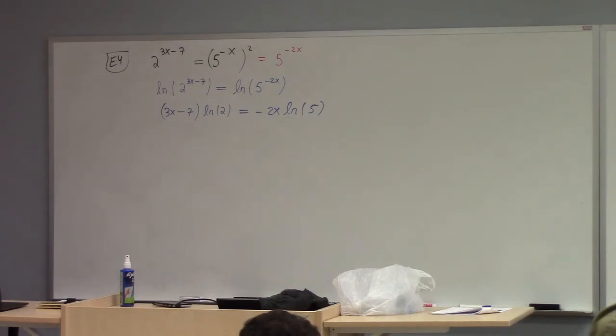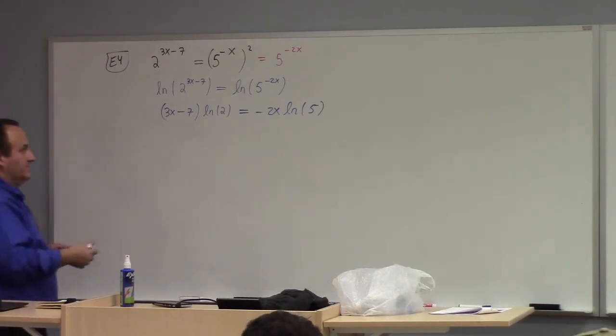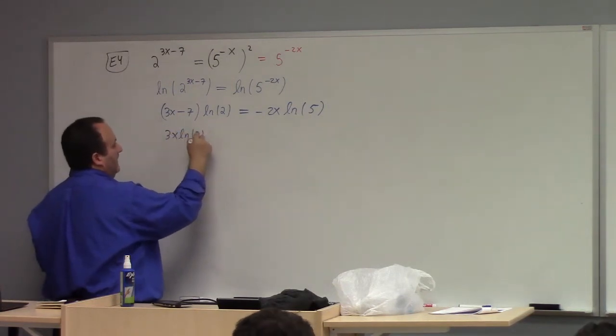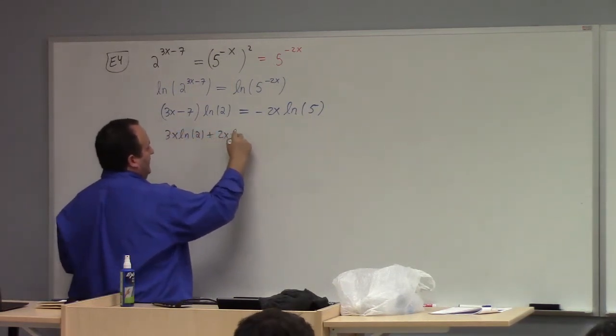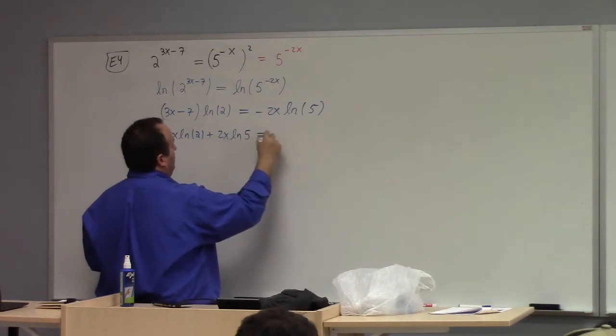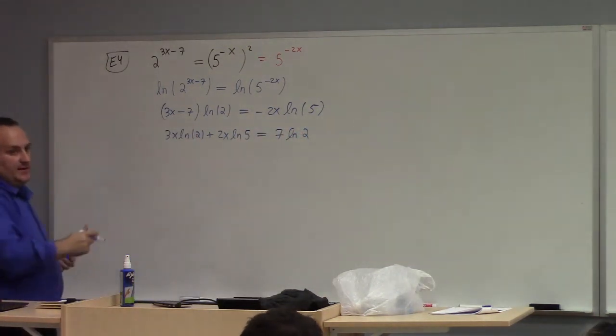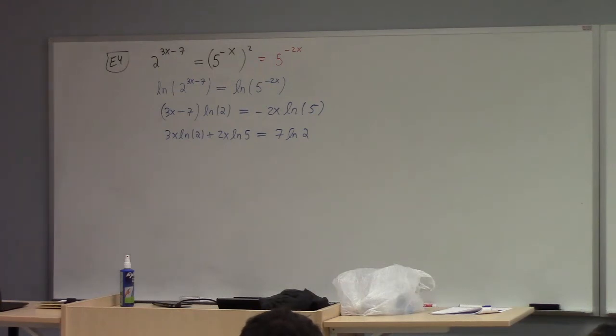Now I solve for x. So I've got 3x log 2 plus 2x log 5 equals 7 log 2. I moved all of my x's to one side and everything without the x to the other side.